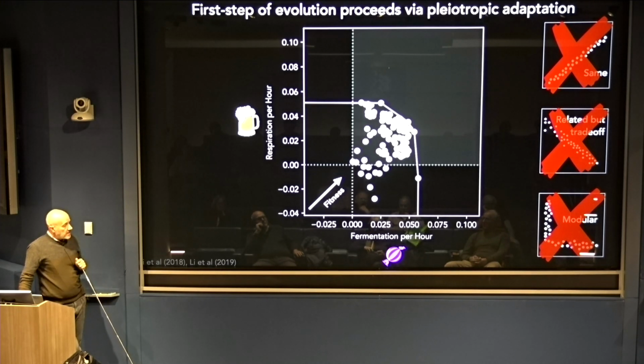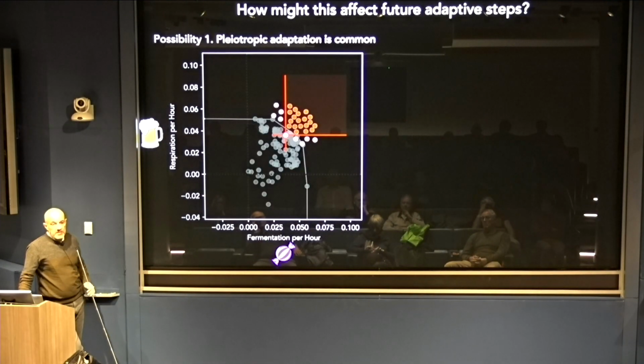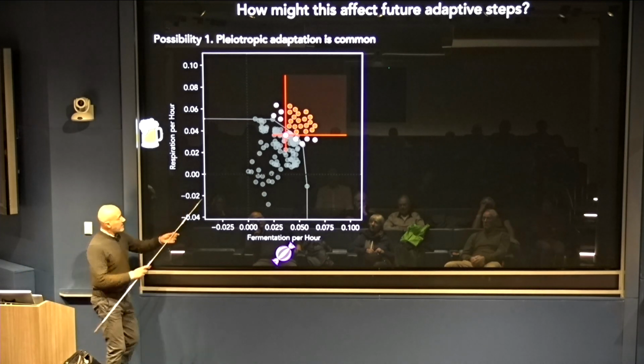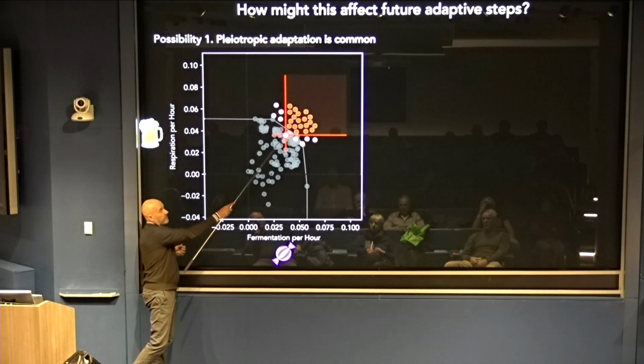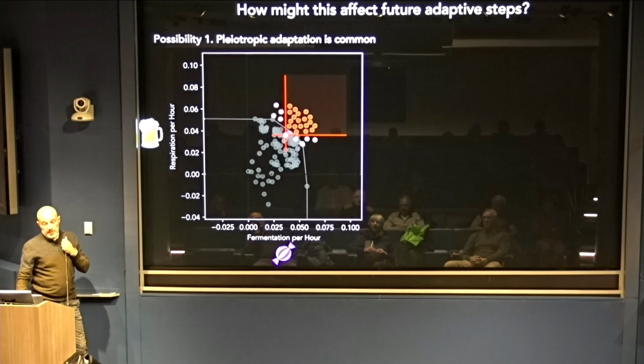And so we decided to do the obvious next experiment and ask, okay, this was one step. What happens in the second step? Let's take a few places and ask whether it's going to continue the same way or not. Instead of taking the ancestor who was here, we redid the experiment but started with ancestors close to the boundary, and thought again about the possibilities.